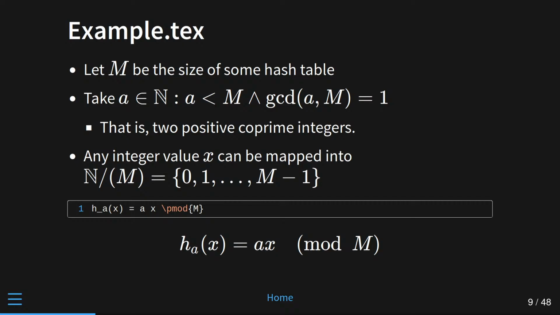If two numbers are co-prime, that means when I take any number times a, and then I take it modulo m, mod m, I will be able to use all of the cells of the hash table because I will iteratively walk over the cells before looping back to the beginning because I will hit every value for m.